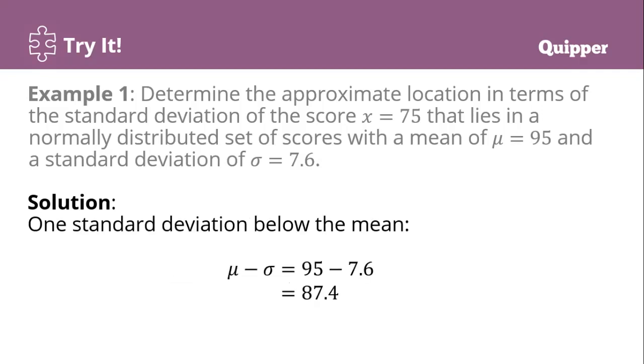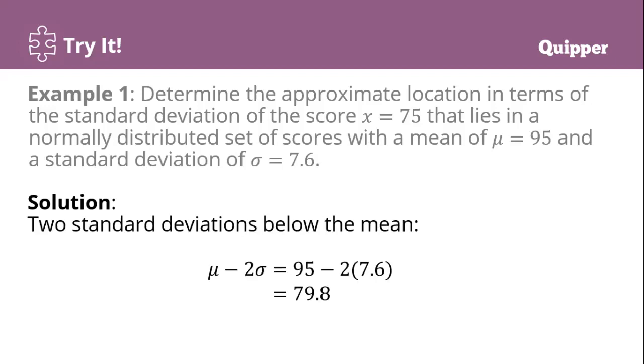So 1 standard deviation below the mean: mean minus standard deviation, the mean is 95 and the standard deviation is 7.6. So 95 minus 7.6 is 87.4 for 1 standard deviation. For 2 standard deviations, the formula is mean minus 2 standard deviations, right?